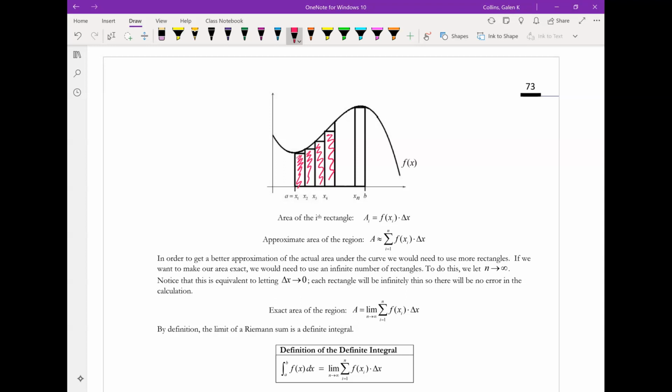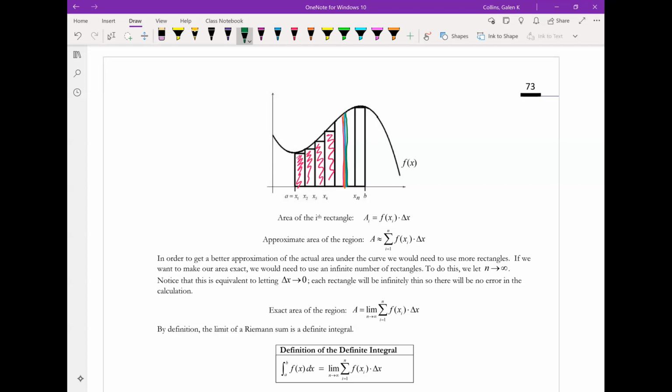So instead of having a width that I could even see, what if I could make this rectangle so thin that it just looked like a line? If I could have a bunch of rectangles that thin, I would get a much better approximation. The wider my rectangle and the fewer rectangles I have, the worse my approximation. The more and the more narrow my rectangles, the better my approximation.